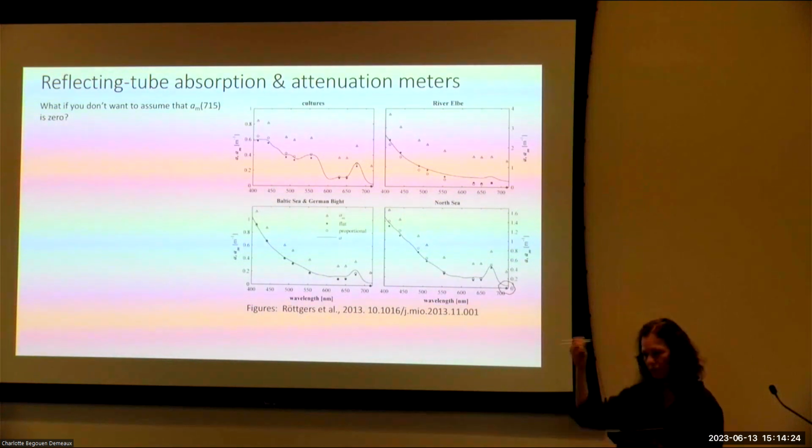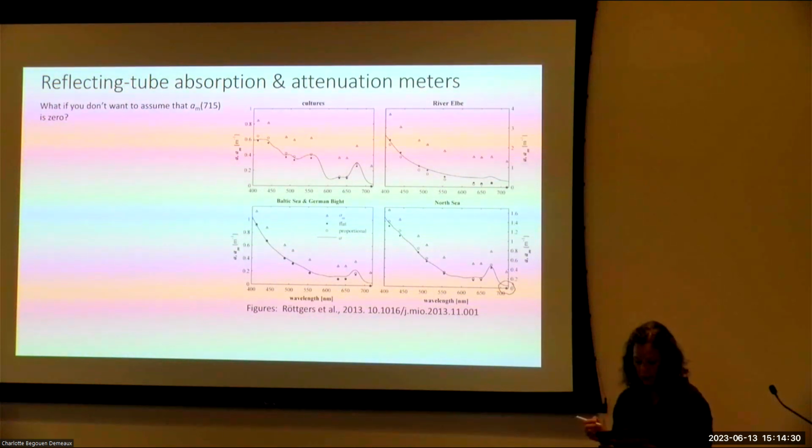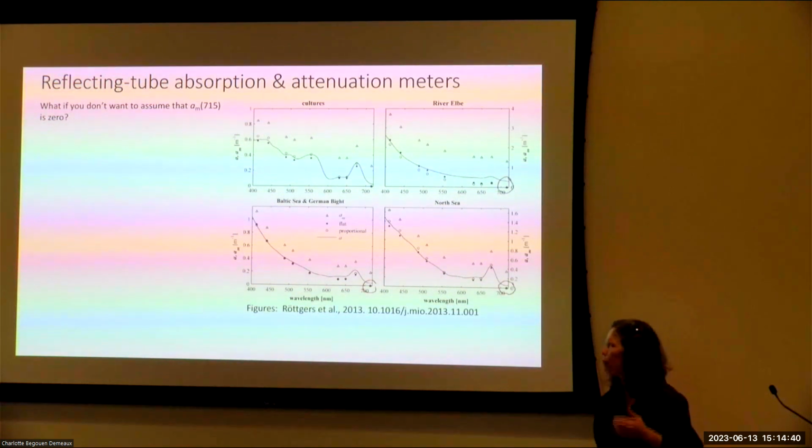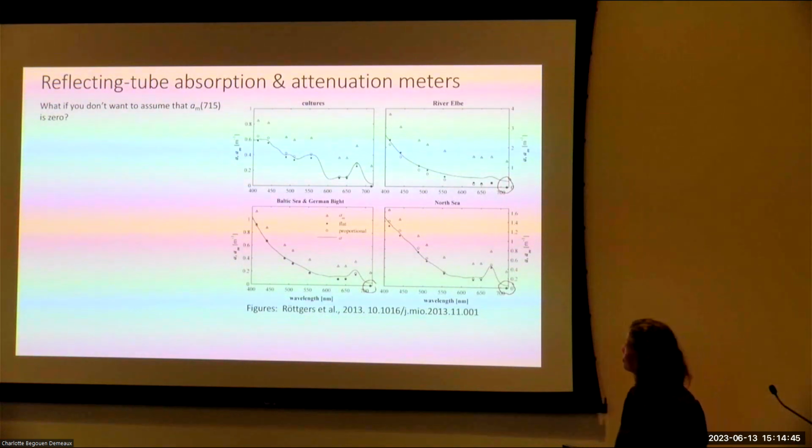The true absorption is pretty low in the near infrared, and the corrections do a little bit better job than on this one I was showing you before, River Elbe, where there's a lot of near infrared absorption, and those corrections don't come out as well.